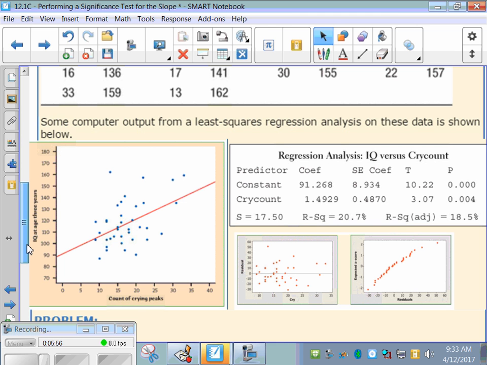SEB. Okay, that's SEB. And then we only need these two right here. They actually give us the t value and the p-value. Our test statistic is given and our p-value is given. I still want you to plug in for the formula. And then we've got our residual plot right here and our normal probability plot of the residuals, which looks fairly linear when we check everything, okay?